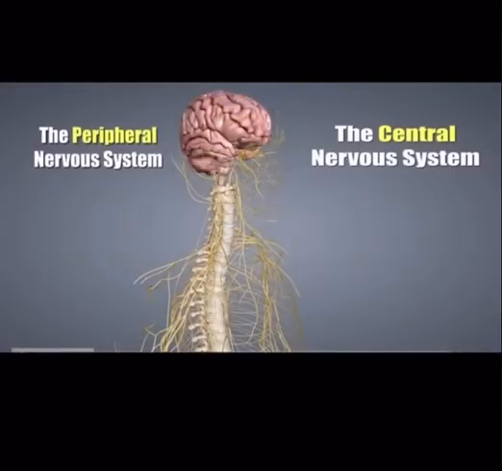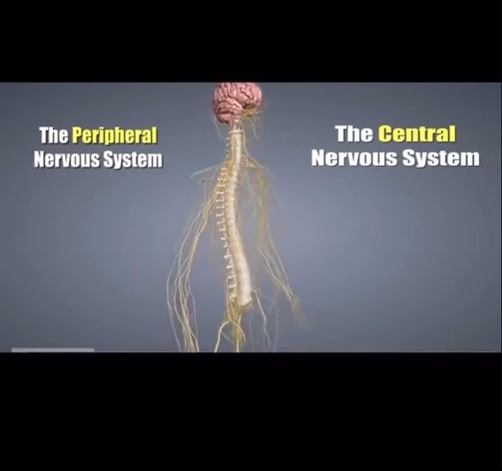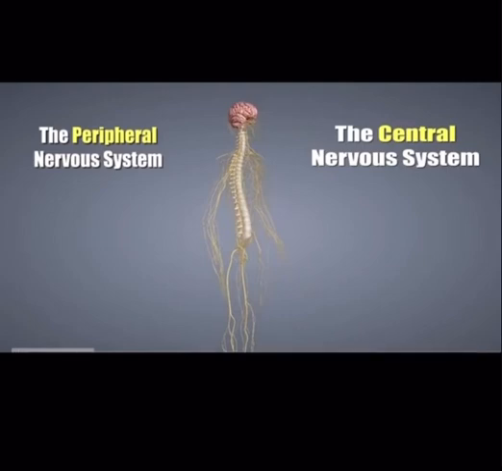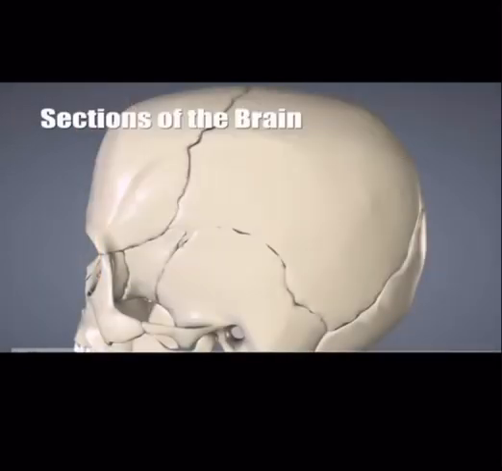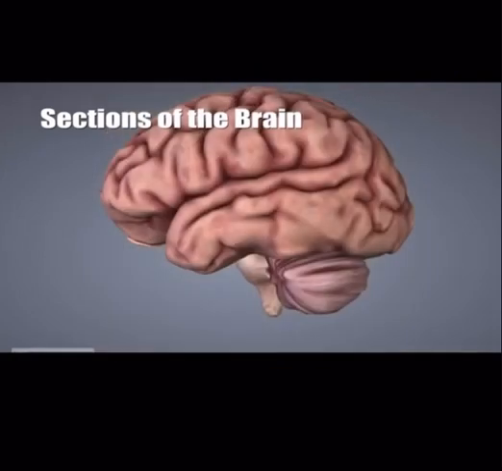The two major parts of the nervous system are the central nervous system and the peripheral nervous system. The central nervous system is divided into two major structures: the brain and the spinal cord. The brain is found within the skull or cranium.